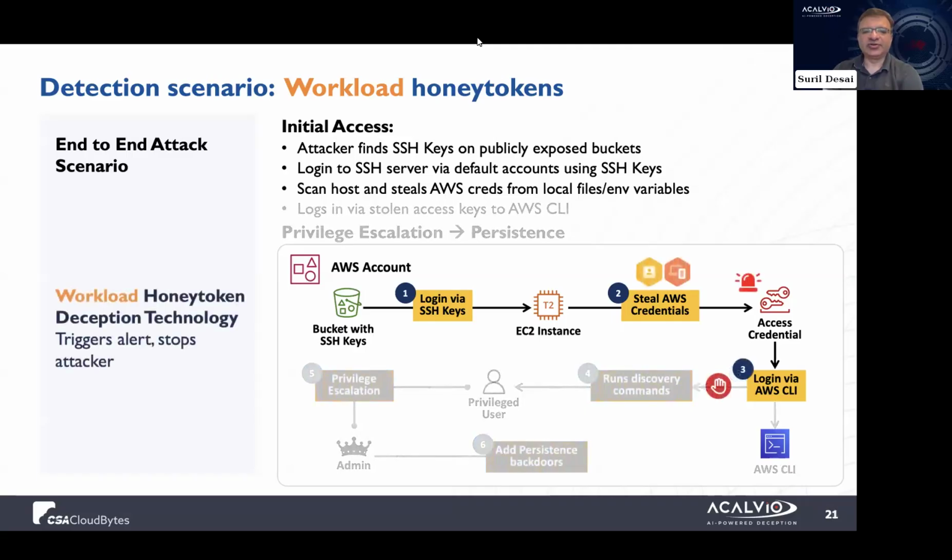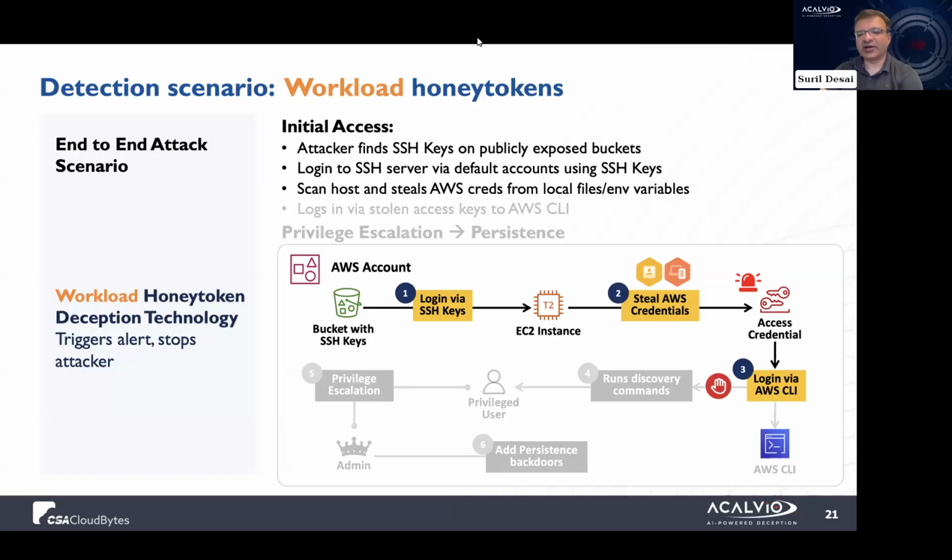In this case, let's look at what deception technology and honey tokens can do to help the defense. So defenders can create a set of deceptions, which are workload honey tokens, and deploy them onto real assets in the environment. For example, a deceptive set of credentials can be deployed by the defender on actual EC2 instances. Now the attacker goes through the same exploit sequence. They find the SSH key, they land on the EC2 instance, and they're looking for credentials on the instance.